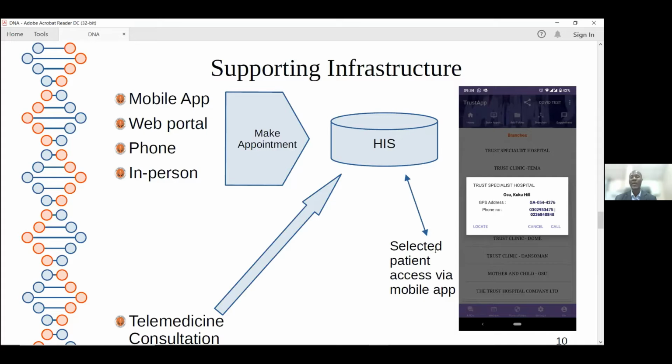And then via the mobile app, the patient is able to see some of the information like prescriptions, lab results, and so on. And through this mobile app, you can also call or locate the nearest facility so that you can have your service rendered.